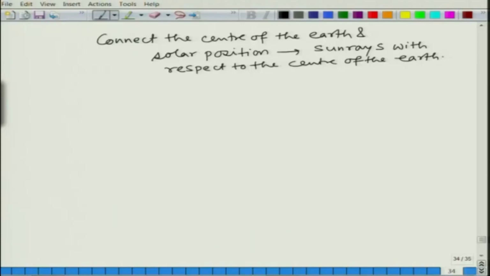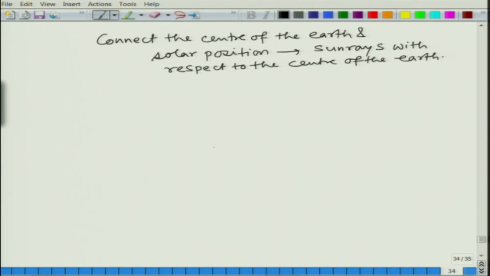Even though a point source sends rays in all directions, for a distant source you can assume them to be parallel. And here you also have to see that the rotation axis of the earth is tilted to the orbital plane. So, as we are connecting to the sun, we need to draw it in a little bit tricky way.